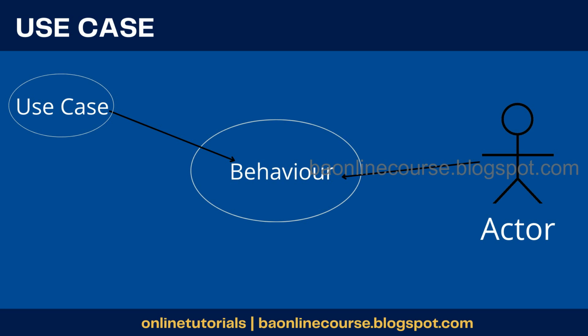If I want to transfer funds, that's one behavior or functionality that I could use through my mobile banking application. This transfer of funds should not be explained half in one use case and another half in another use case. Try and make sure that all related functionality is in one single use case.